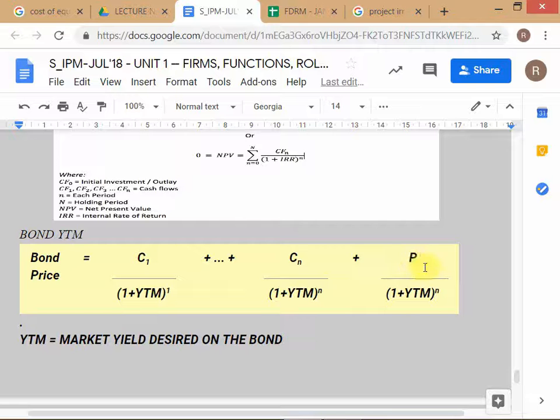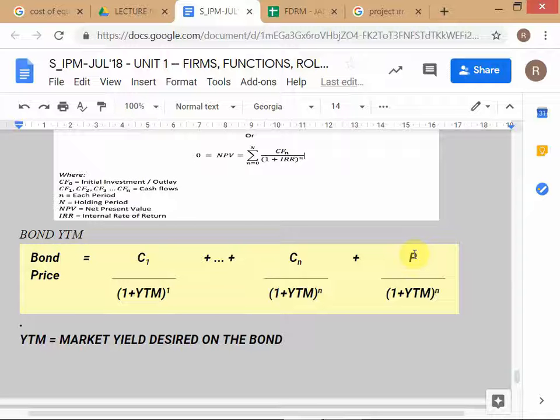Just like this, in the case of a project, how will you describe P? What is the equivalent of P? You've done project valuation? Now this P, what is the nearest equivalent in project analysis? When you write the project cash flows, there is a lump sum payment at the end, which is different from the regular cash flows. What is that? Salvage value.